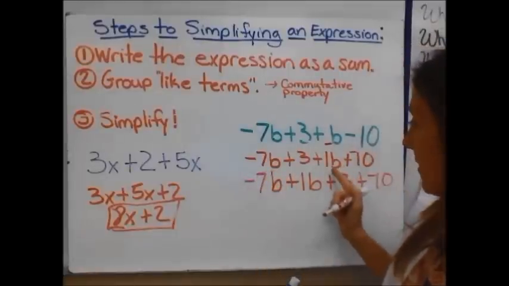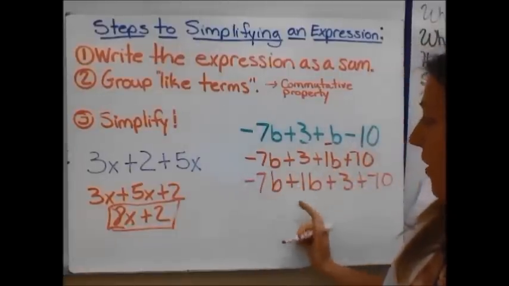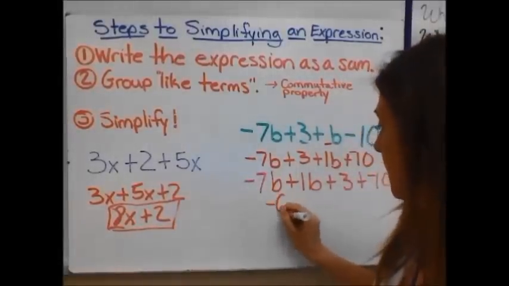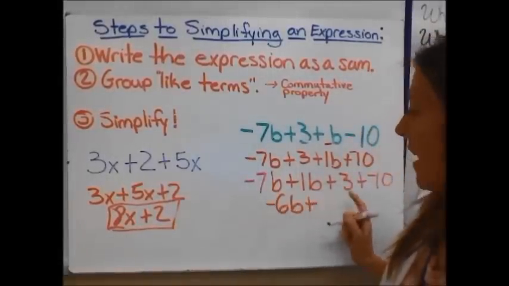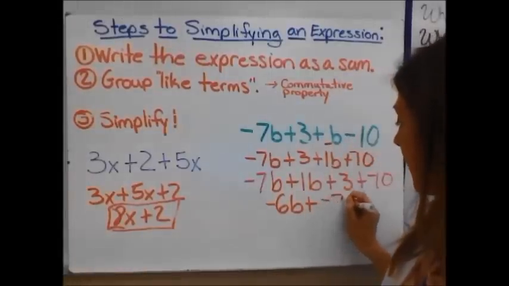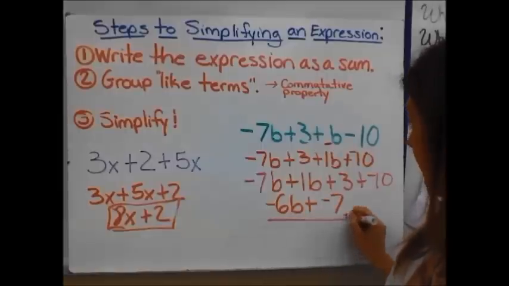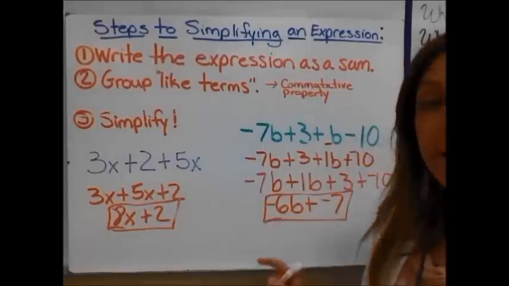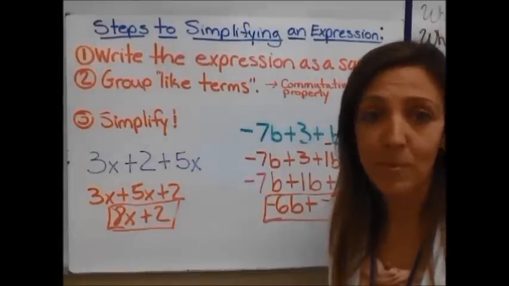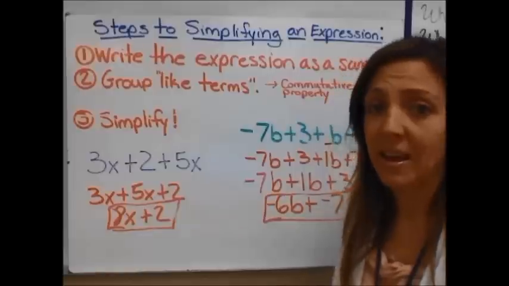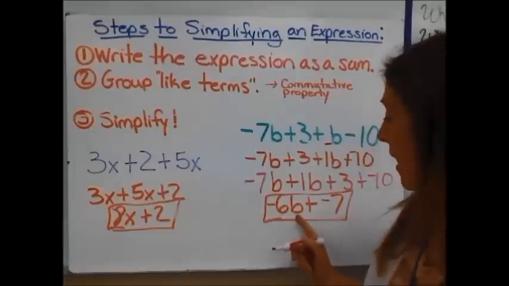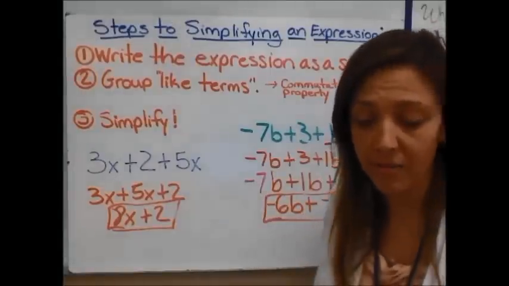I have put 1b and negative 7b together, and a negative 7 and a 1 is a negative 6b, plus 3 plus a negative 10, which is going to give me a negative 7. So negative 6b plus a negative 7. And this is my simplified expression, negative 6b plus a negative 7. I can't add it anymore because negative 6b and negative 7 are unlike terms. This one does not have a variable on it, and this one does, and so I can't add those two together.